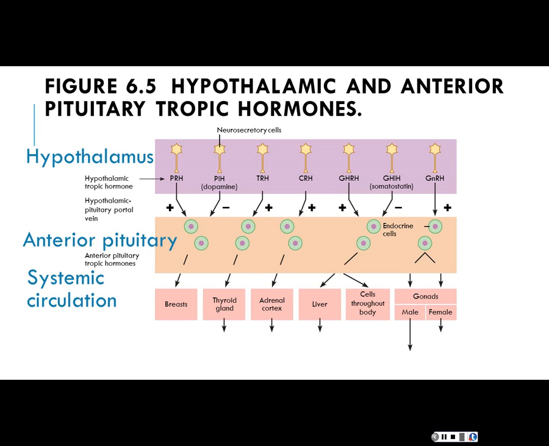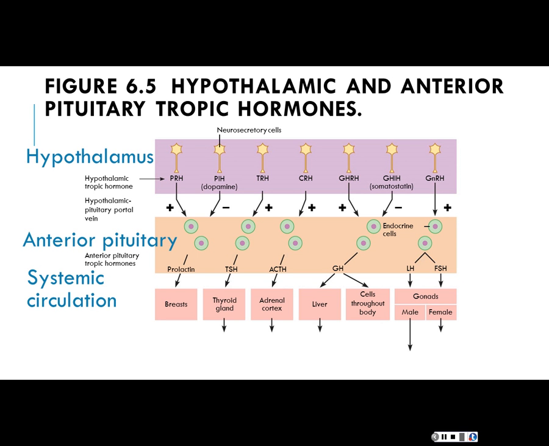Six. Six hormones from the anterior pituitary, which go into the general circuit to target basically the rest of the body. So we're going to see trophic hormone, anterior pituitary and its hormone, and then some other target.